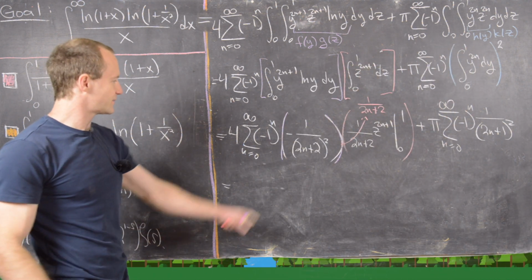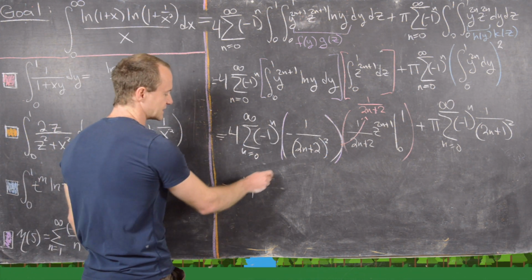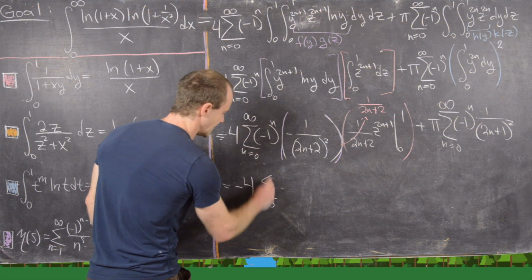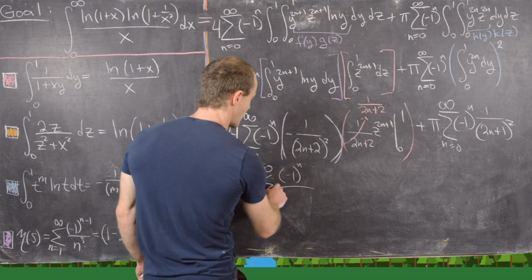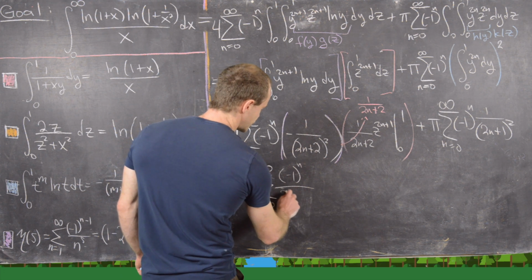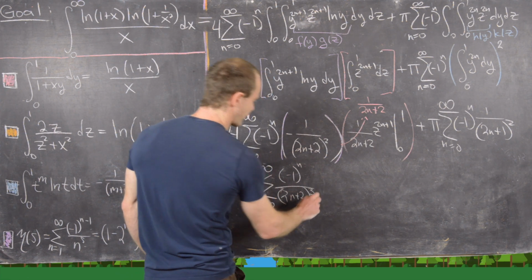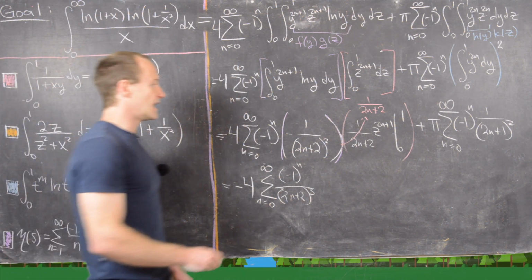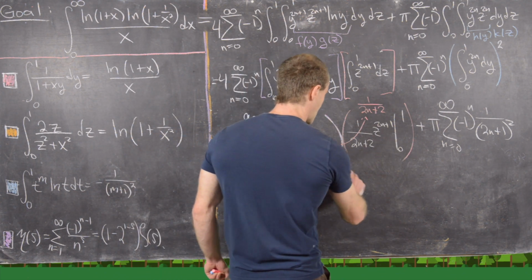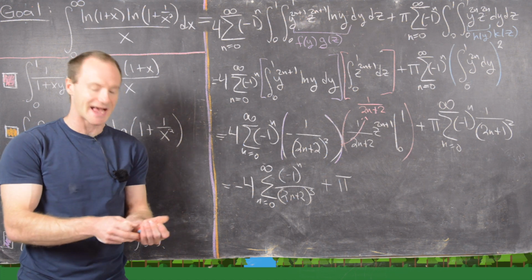So now we can start to simplify this. I'm going to bring this minus sign out front. That's going to give me a minus 4. Now I'm going to have the sum n equals 0 to infinity of minus 1 to the n over 2n plus 2 to the third power. Then I'm going to have this as plus pi times that sum right there, but that sum actually has a name.